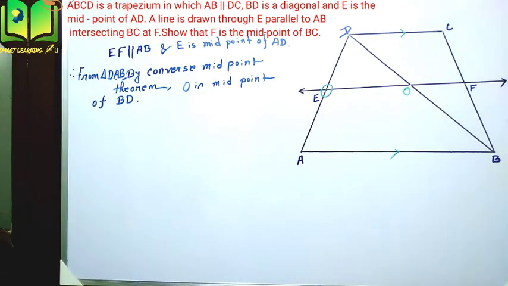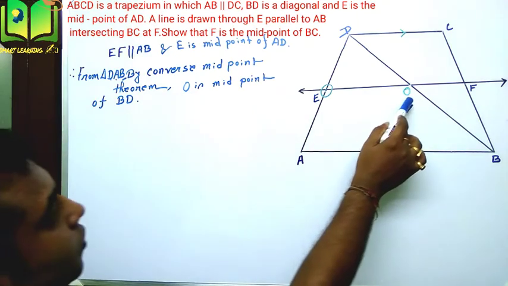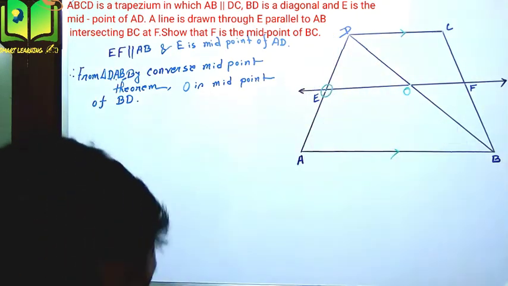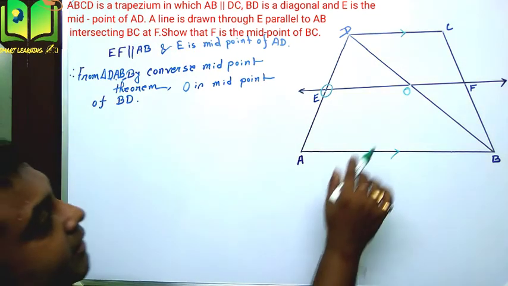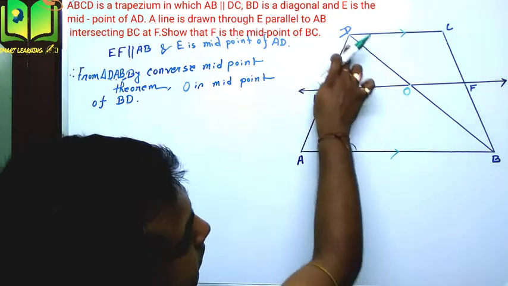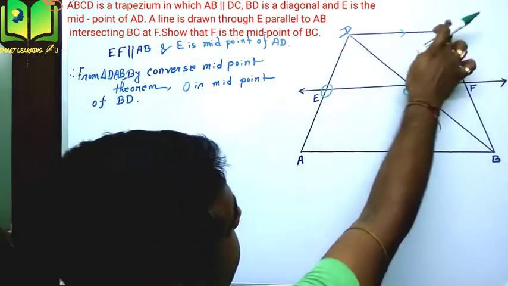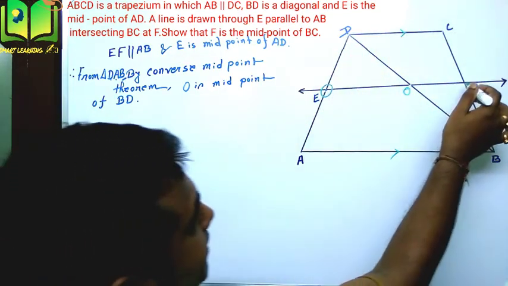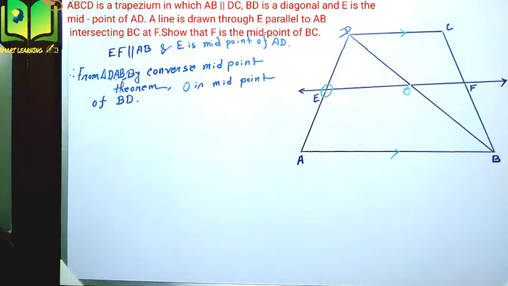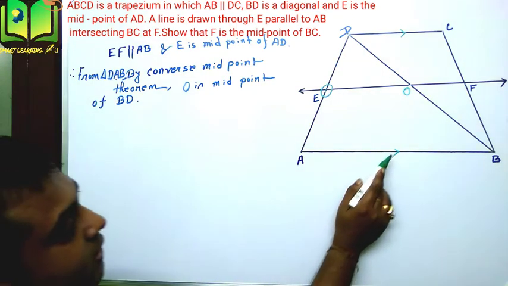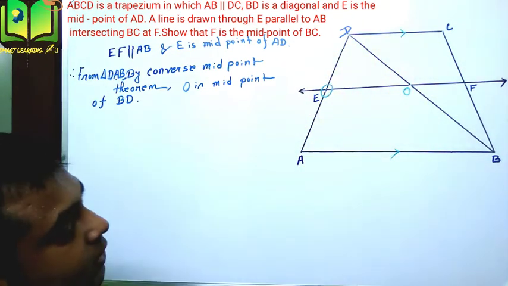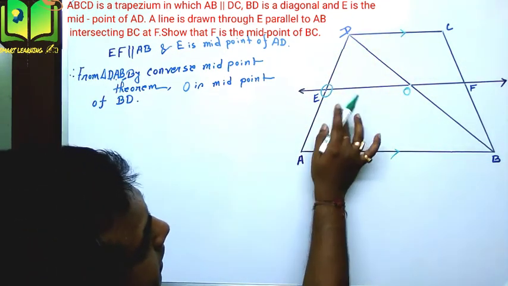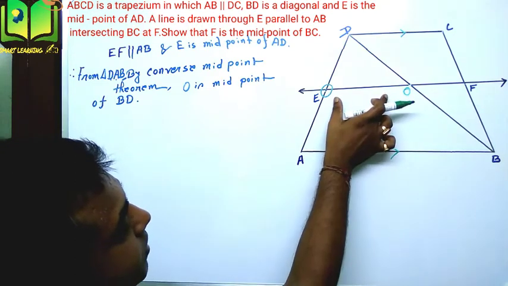So now what do we have? O is the midpoint of BD. So as O is the midpoint of DB, from triangle DCB, F is also the midpoint of BC. Why? Because AB is parallel to DC. Some time ago we had AB parallel to EF.